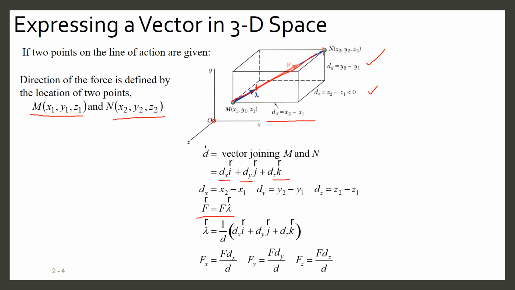So F will be equal to F into lambda, in the same way as we have seen in the previous slide. That is, you can express any vector F as its magnitude multiplied by a unit vector in the same direction. So we have done the same thing here.